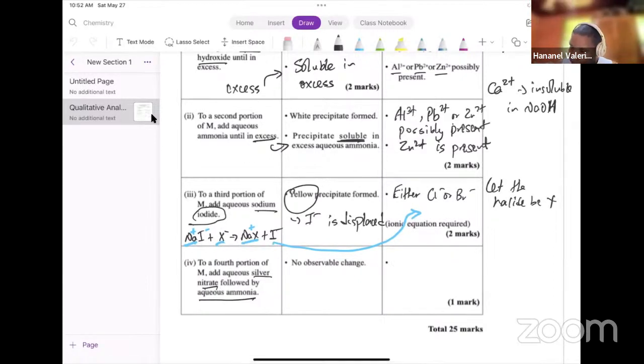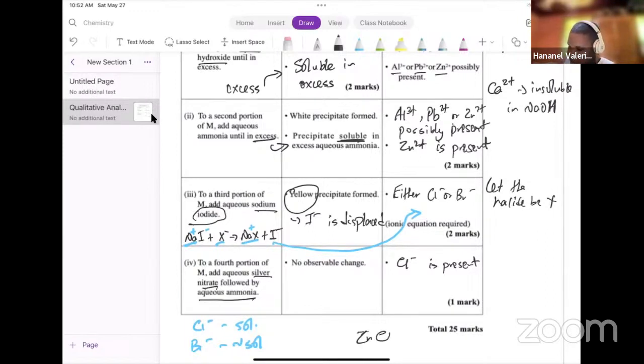So we add aqueous silver followed by aqueous ammonia. Between chlorine and bromine, we have chlorine that is soluble in aqueous ammonia, and we have bromine that is partially soluble. So therefore, I dare say the answer here is that Cl minus is present, and therefore we would have zinc chloride as the answer.